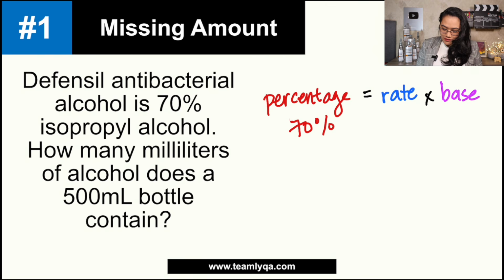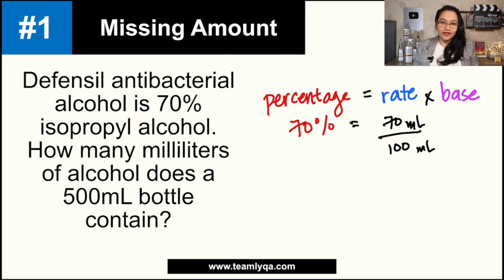Now, ang rate naman, that would be for every 100, ilan yung hinahanap natin. Now, ang hinahanap natin, again, dito nakalagay na sa likod, is that for every 100 or over 100 ml, okay, ang laman niya ay 70 ml.